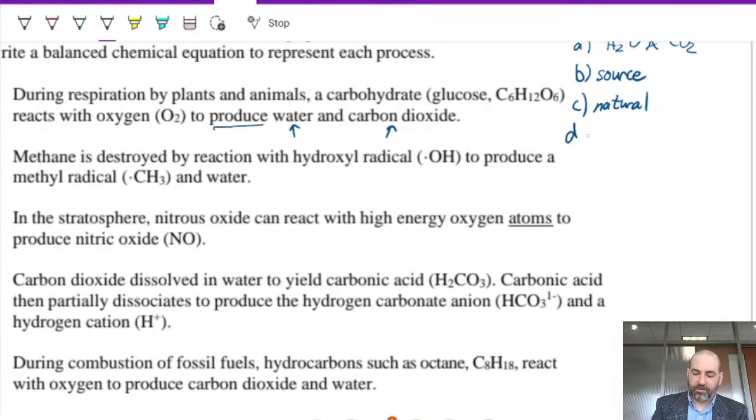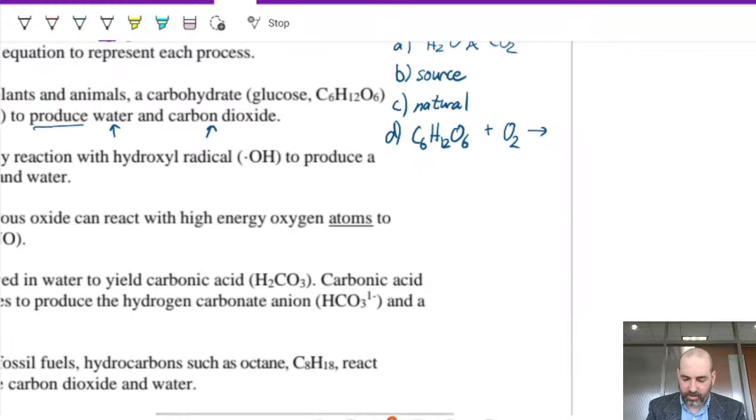And then we're going to write this chemical equation. So when we write a chemical equation from a sentence, we have to think about what things did we start with, and then what things did we end up with? What did we produce at the end? So in this case, we're starting with glucose, C6H12O6, and then we are reacting that with oxygen and producing water and carbon dioxide.